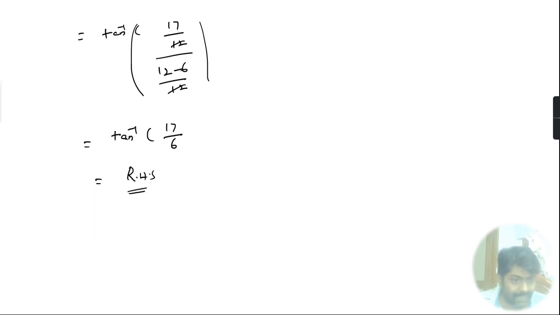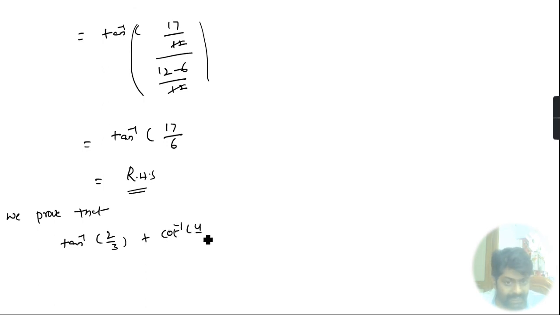Finally we prove that tan inverse of 2 by 3 plus cot inverse of 4 by 3 is equal to tan inverse of 17 by 6.